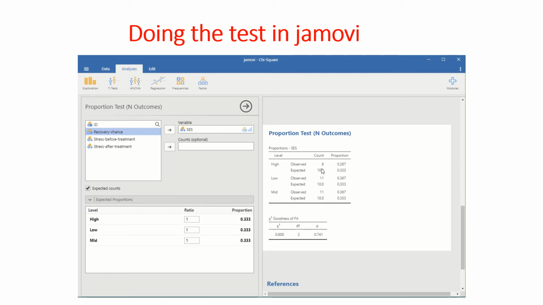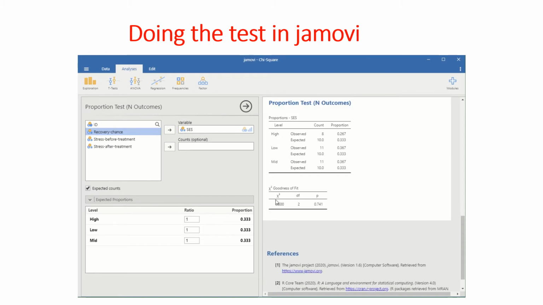But the proportions between the observed and expected are not exactly the same, so there are differences here, and we want to see whether it's significant or not. So you just go to the table here, chi-square goodness of fit, and look at the p-value. If you remember, before we conduct the analysis, we set our hypothesis, and then we set up our criterion, which was the alpha level.